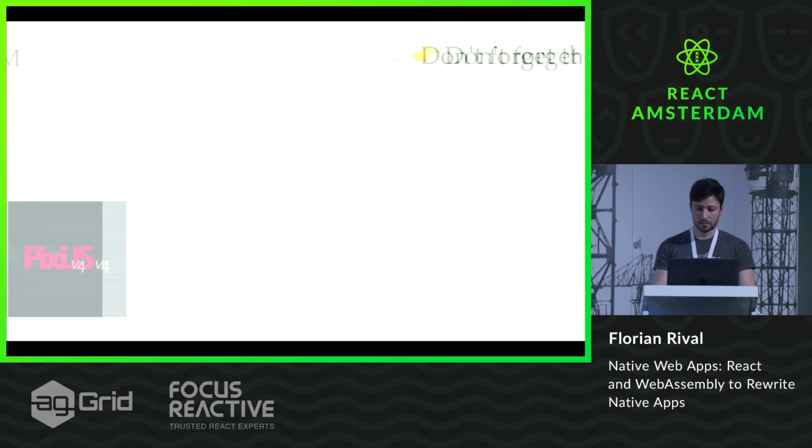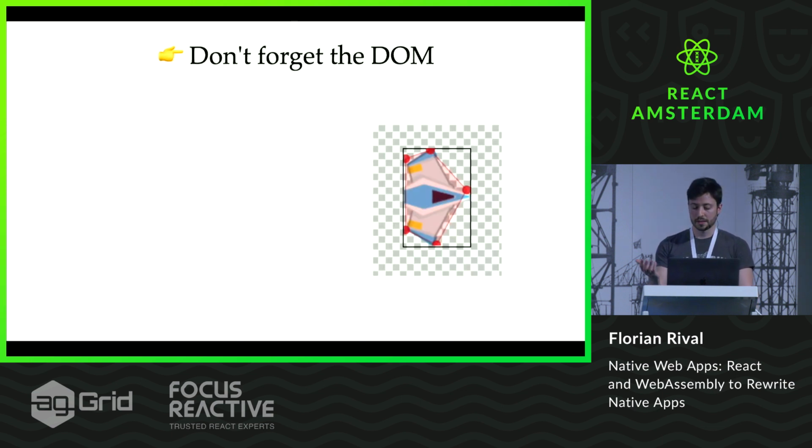Still, sometimes the DOM can be good enough. So here I have an editor where I'm displaying an object of the game, and I want to display the collision mask. That is the area where, when you touch it, the object is considered as being in collision with your cursor or another object.